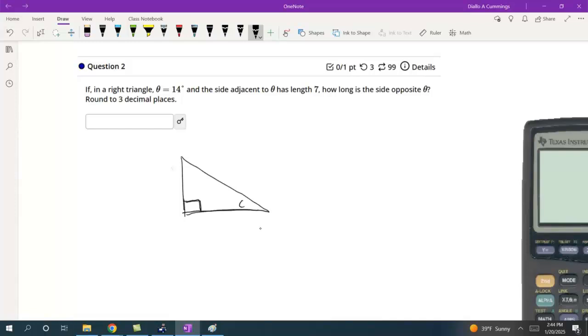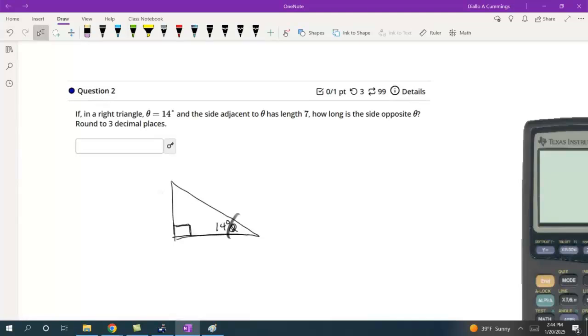So I'm going to choose this as my angle measure theta, and this angle is going to equal 14 degrees. So now that we have theta equal to 14 degrees, I can label my sides according to my reference or my given angle measure.